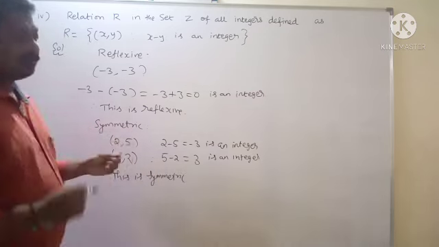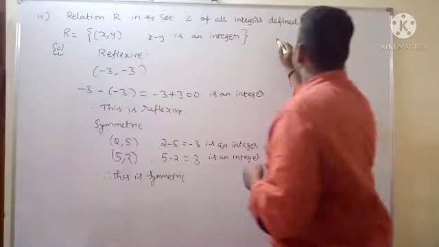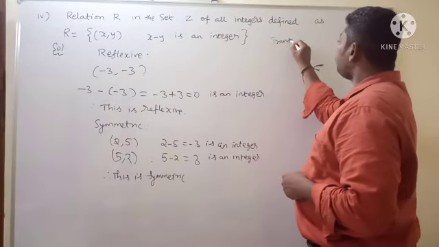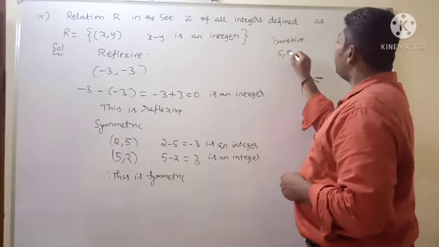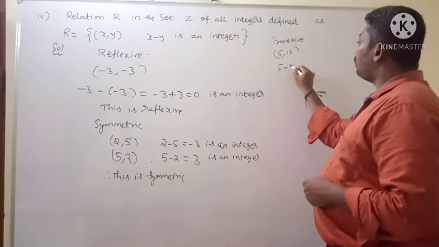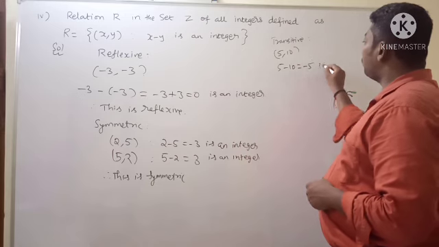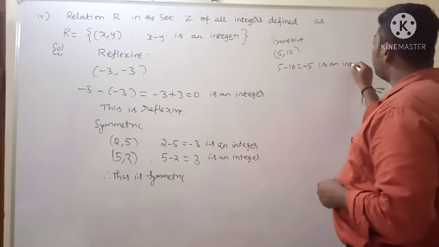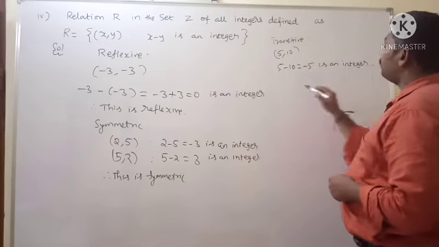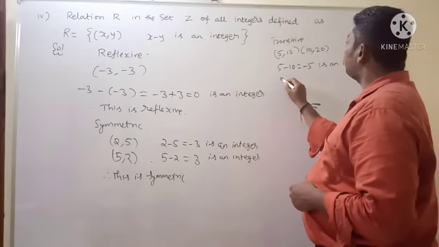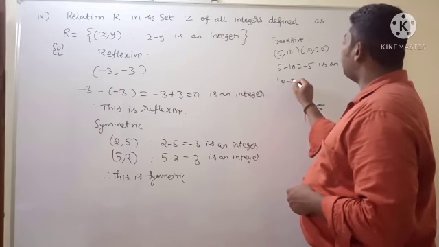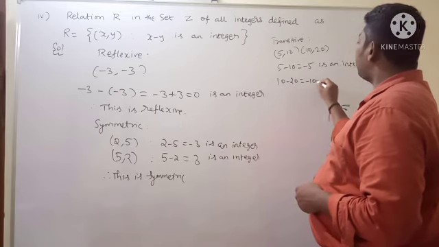So let's check for transitive. We take (5, 10). 5 minus 10 equal to minus 5. Minus 5 is an integer. Then (10, 20). 10 minus 20 is equal to minus 10.